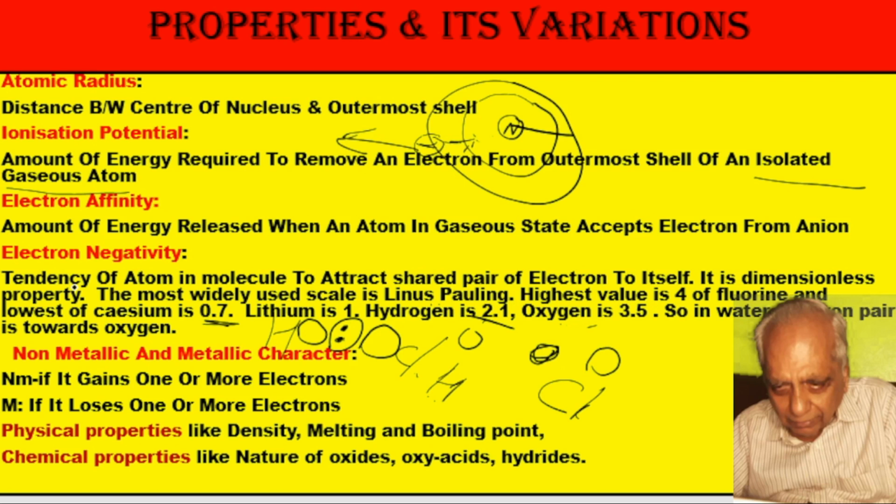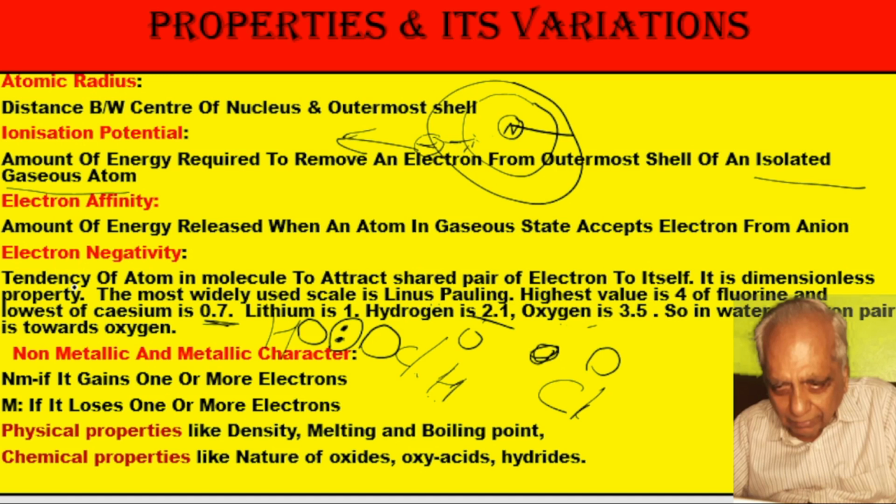The remaining terms are very simple. You know what non-metals are. Non-metals are those elements which gain one or more electrons, like chlorine, bromine. They have 7 electrons in the outermost orbit, so they will try to gain 1 electron to complete that orbit, to make that orbit stable, meaning to have 8 electrons in the outermost orbit. But if we take sodium, it has 11 electrons.